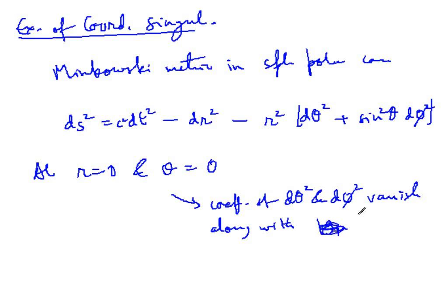Let me write it like this: determinant of G u comma. But if we change over to the Cartesian coordinate system, then what happens?